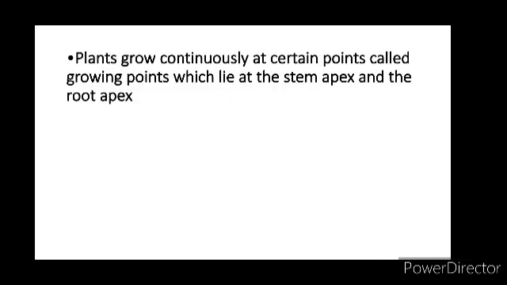Plants grow continuously at certain points, called growing points, which lie at the stem apex and the root apex. Here apex refers to the highest point or vertex of a plant stem or root.